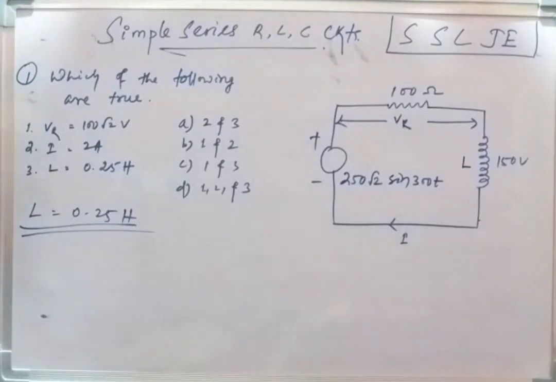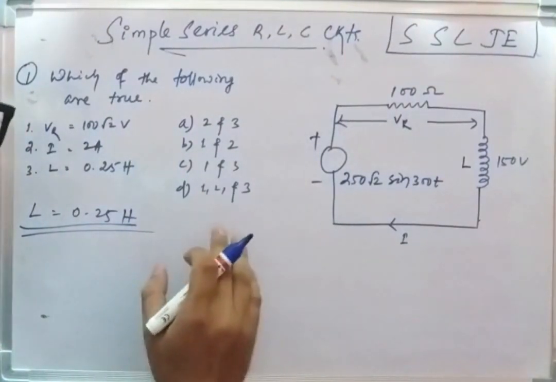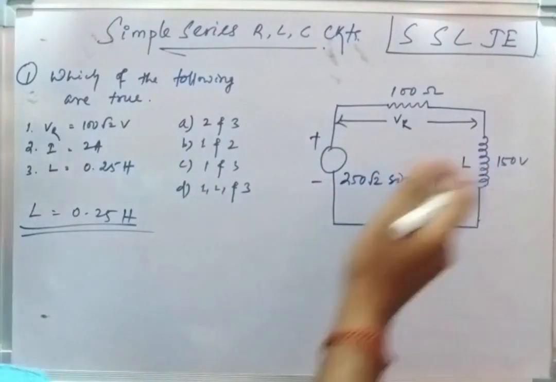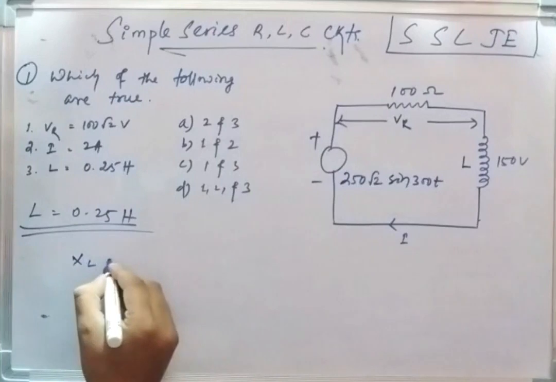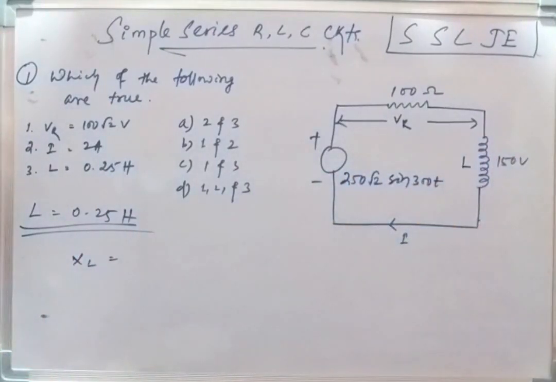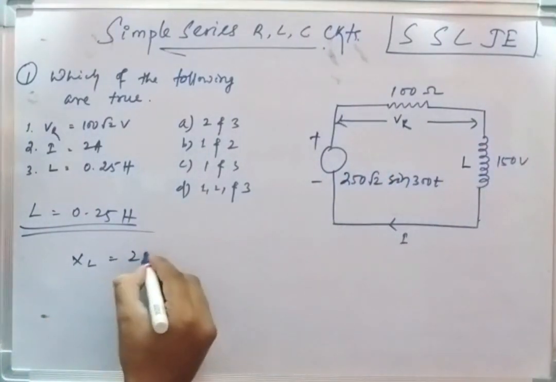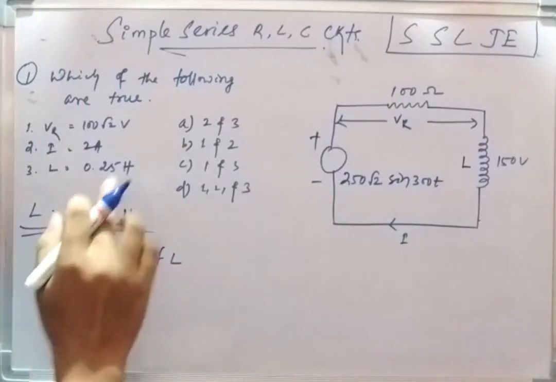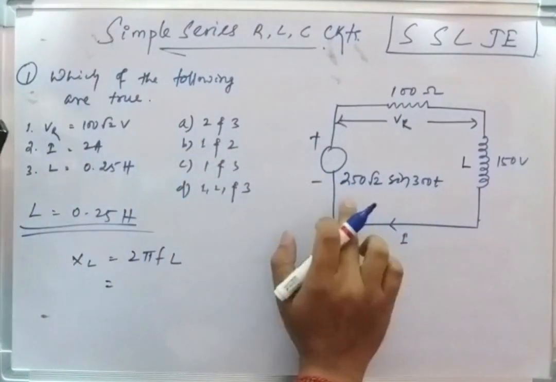Here you will require integration and derivation, but you can do it directly. If you take XL, XL means it is an inductive reactance which acts as a resistance in this case. So XL is 2 pi FL.